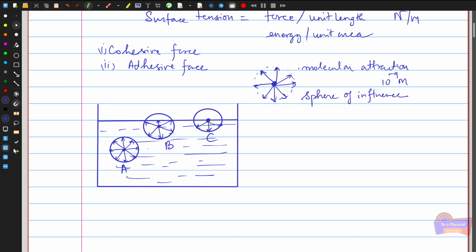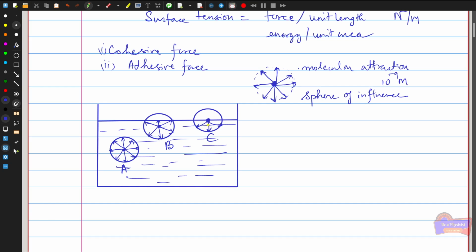If you go to molecule C, the upper half of the sphere is influenced completely by the air, and due to this, the force of attraction due to the molecules inside the lower half of the sphere remains unbalanced. Thus, the molecule experiences the maximum possible unbalanced force in the downward direction. Therefore, the resultant downward force for molecule C is maximum, so the molecules on the surface of the water, in a surface film of thickness equal to the range of molecular attraction, experience a net downward force.